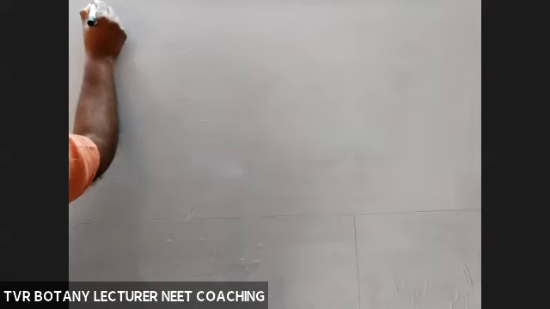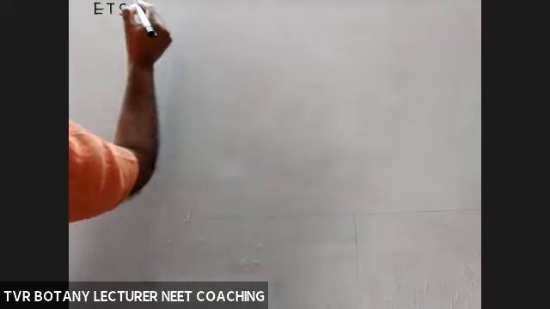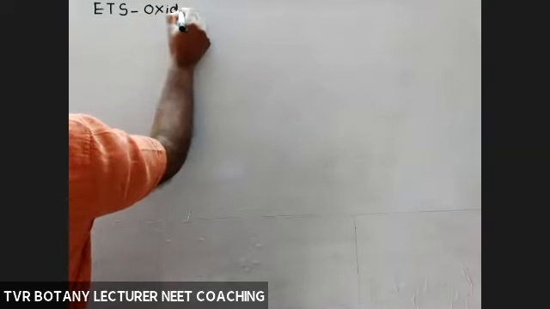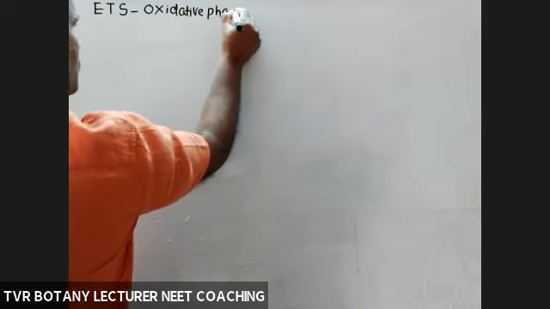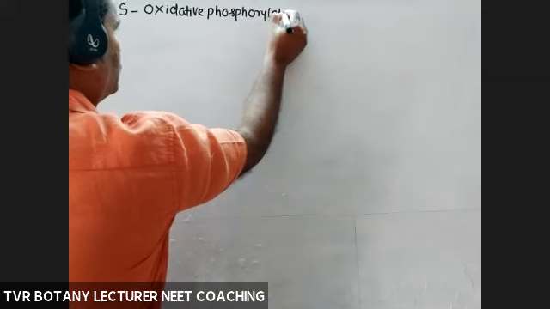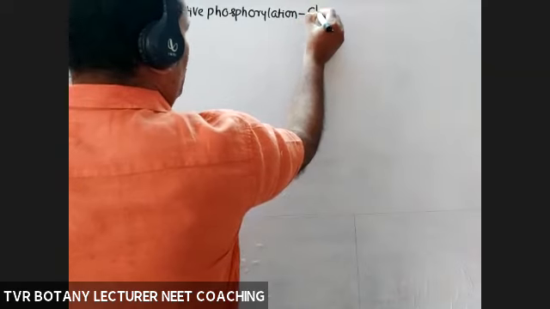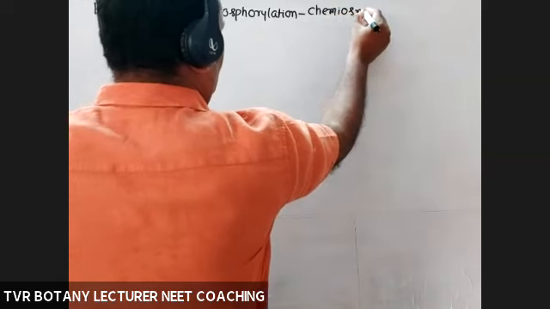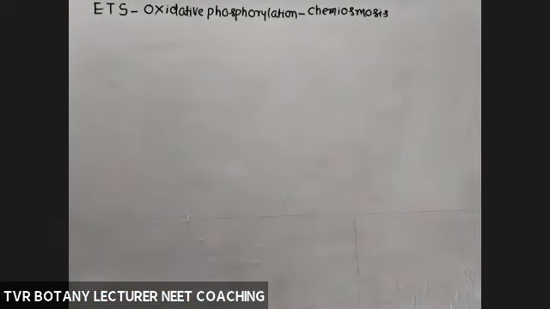So ETS, the electron transport system that accounts for oxidative phosphorylation according to Peter Mitchell's chemiosmotic mechanism. Okay, right?